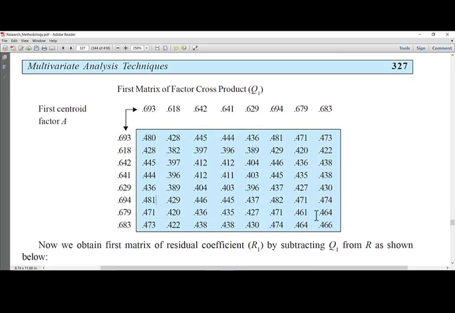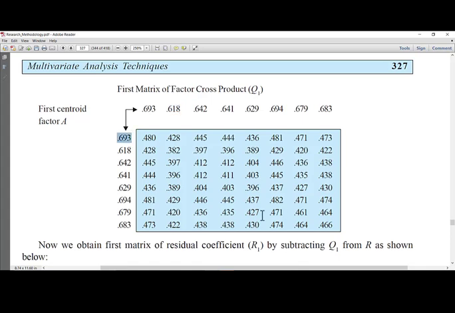Yes, here along this column we write the principal component 1 values, and similarly in the horizontal way also we write those values. Then this matrix of factor cross product Q1 is calculated. As I said, the first element here will be the multiplication of this element with this element, and the second element of this Q1 matrix is obtained by multiplying this value with this value.